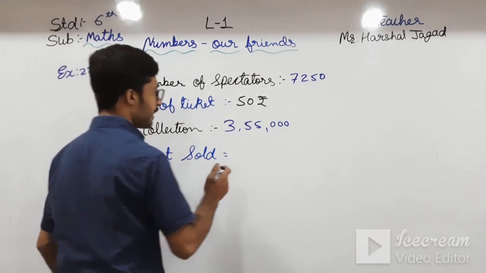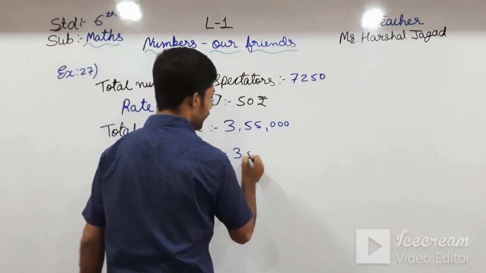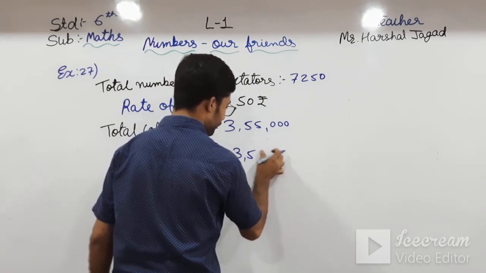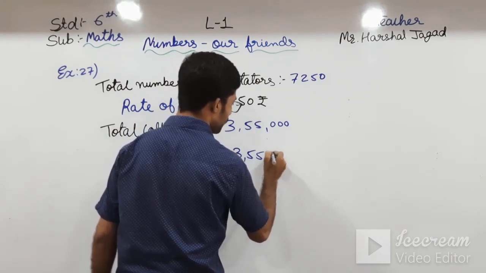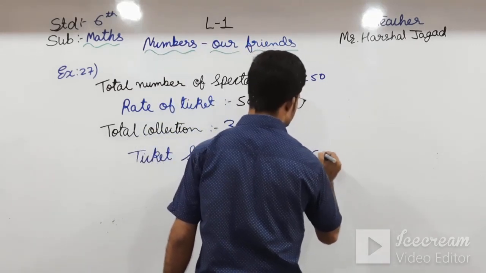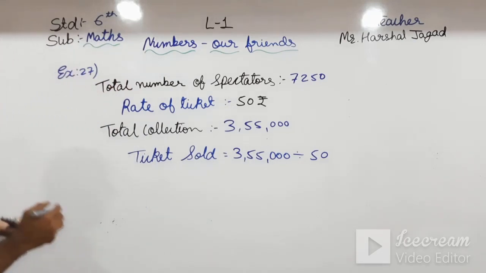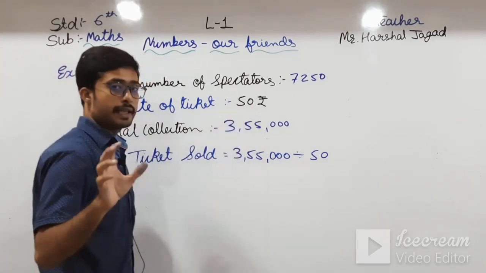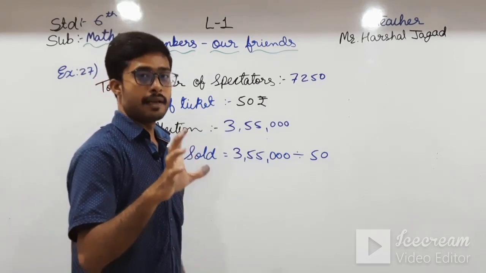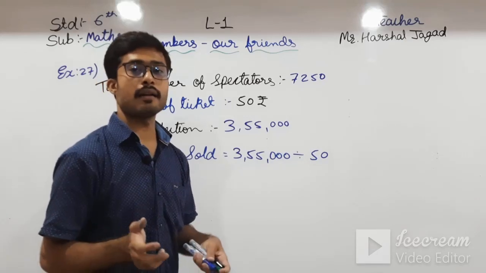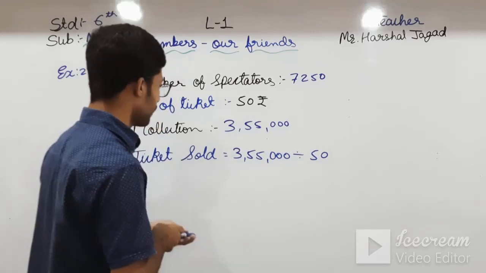We have to find that. Then we have to do division with 50. Okay students, if we divide the total collection by 50, then we can find out how many bought the ticket and came, and the remaining were invitees.